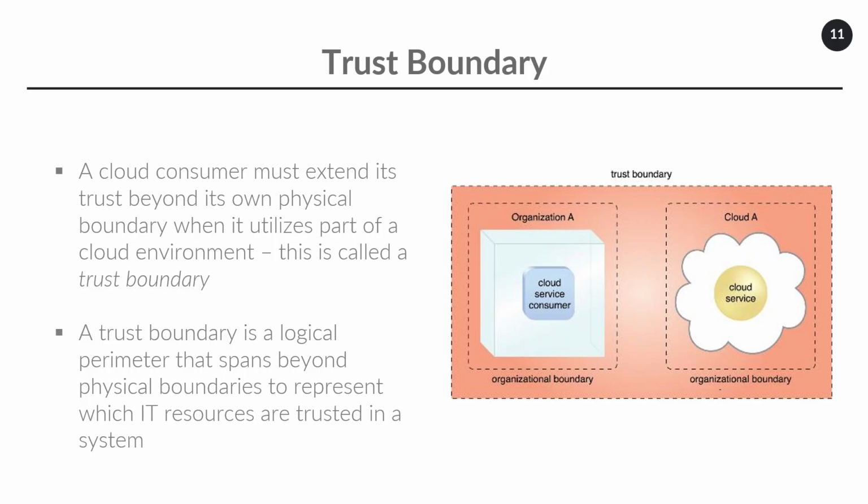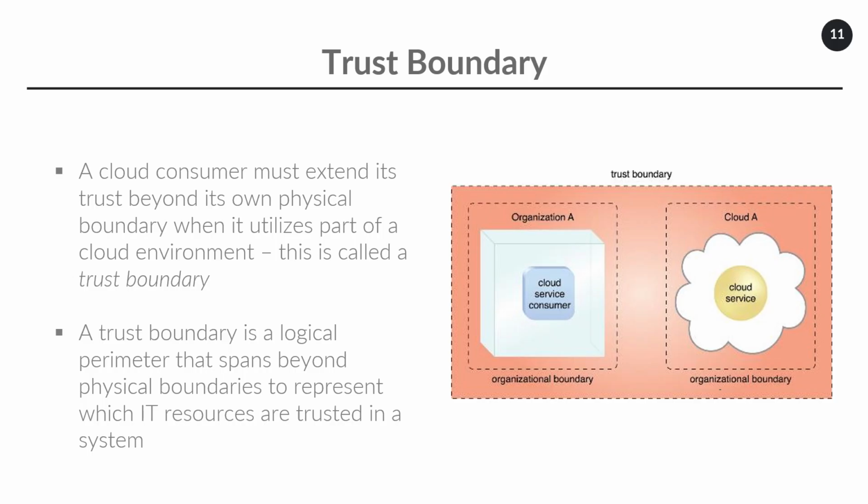So when an organization decides to use a cloud-based IT resource, it's the cloud consumer, okay? It needs to extend its trust boundary beyond the physical boundary of the actual organization in such a way as to include the boundary of parts of the cloud it's using the resources from.